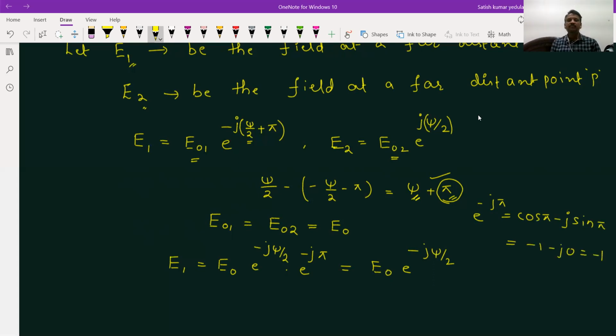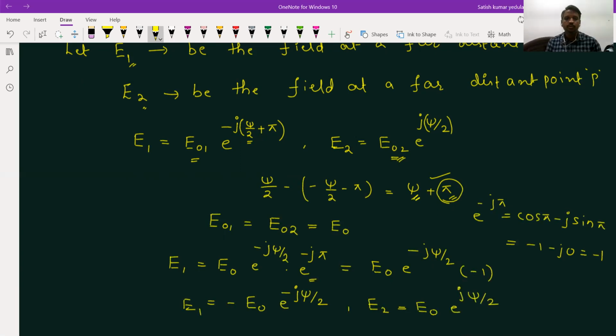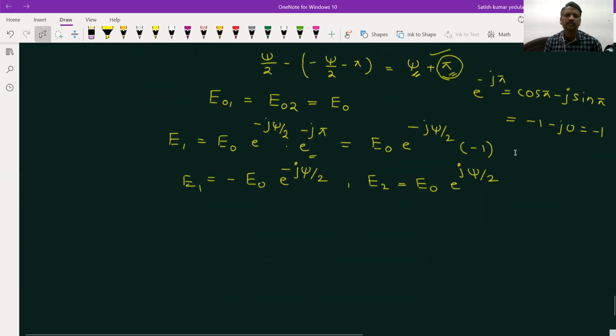So you will have to multiply this with minus 1, because e power minus j pi is minus 1. So what we ultimately get is minus E naught into e power minus j psi by 2. This will be the expression for E1. And similarly, the E2 expression is E naught, because the amplitudes are the same, e power j psi by 2. Once we get these, the remaining is very easy.